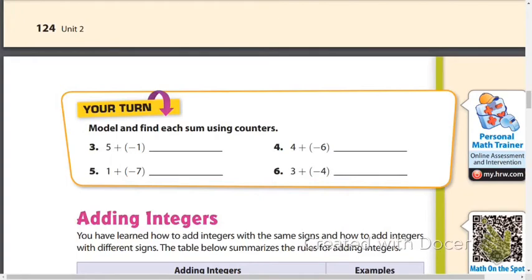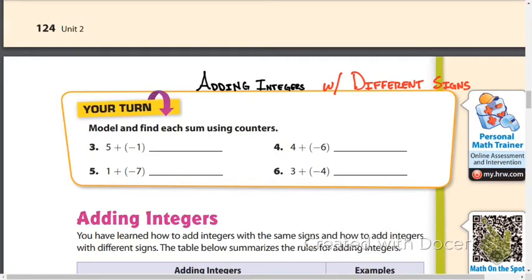So the very first thing I'm going to do is write up here on top, adding integers with different signs, because it's very important that we're able to distinguish what we're doing.